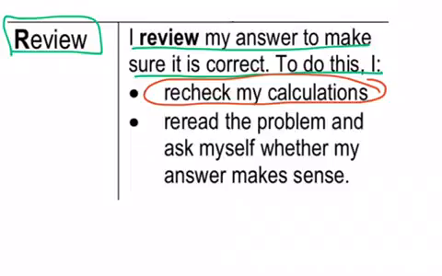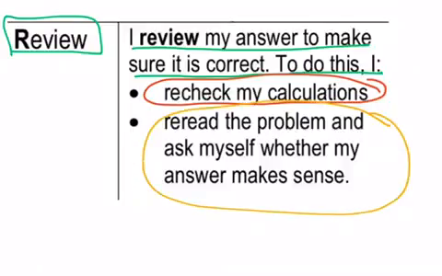So recheck your problem, putting it back in the calculator one more time, making sure you get the same answer. And reread the problem and ask myself whether my answer makes sense. So if you have a problem that involves very small numbers and you get a very large answer, you may want to decide whether that makes any sense. So you want to read the problem, make sure your answer makes sense.